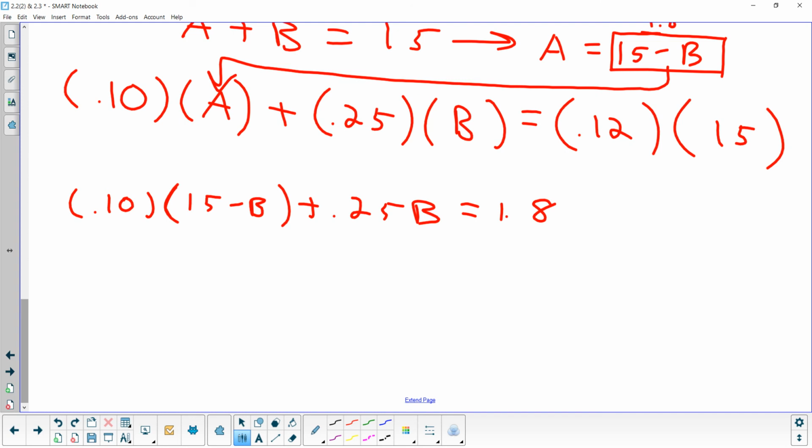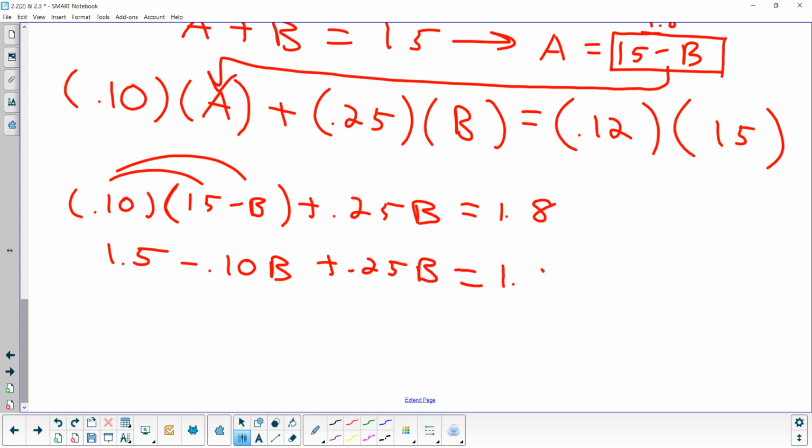So Zach, what do I do next on the left? Distribute. Good. Distribute. That gives me 1.5. And that's going to give me minus 0.1B plus 0.25B equals 1.8. Matt, what can I do with that now?